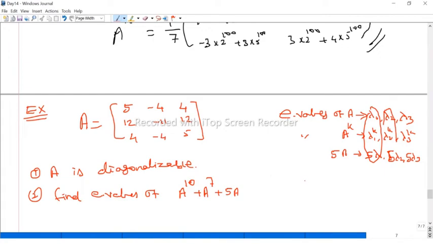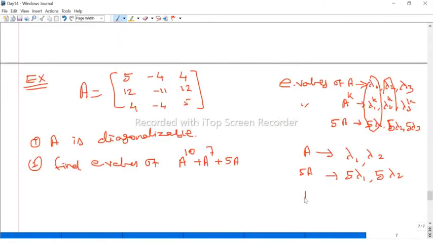So for example, suppose the eigenvalues of A are lambda 1, lambda 2. Suppose I'm taking 2. What are the eigenvalues of 5 times A? It is nothing but 5 lambda 1, 5 lambda 2. And what are the eigenvalues of A power 7? Nothing but lambda 1 power 7, lambda 2 power 7. And the eigenvalues of A power 10?